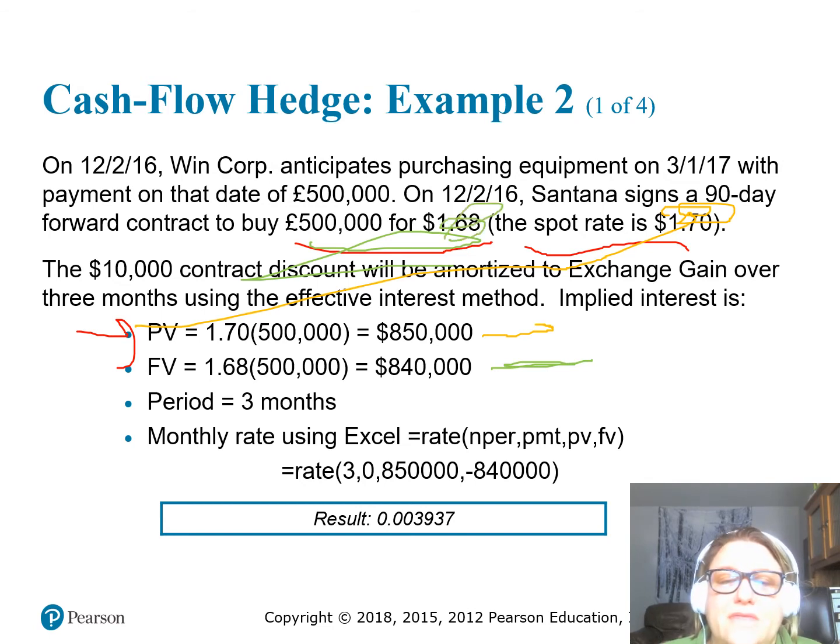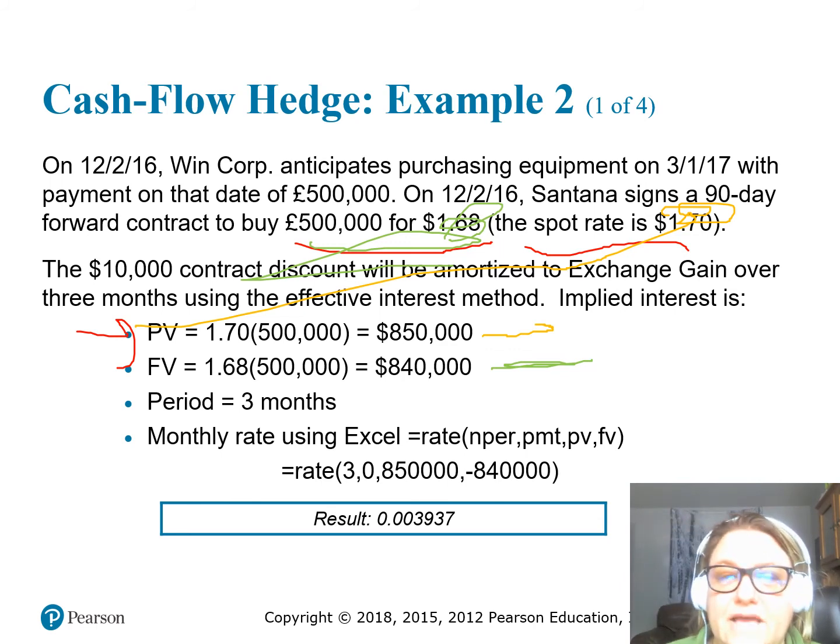Over 3 months. Now, if you want to do the present value calculation in Excel, if you've had me before, then you know how to put this in your Excel spreadsheet. If you haven't had me before, you can still put it in very easily. All you have to do is hit the equal sign, type in the word rate, your number of periods, which is 3 months.